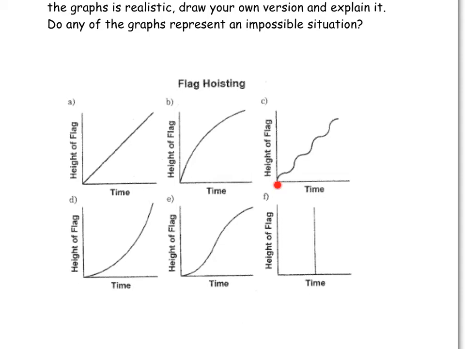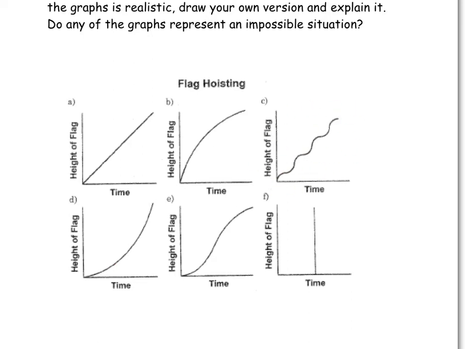Then it goes up quicker, goes up really fast, and then slows down, and goes up really fast, and then slows down. This actually could be a good situation if you're thinking about your hands: you drag up, slow down, drag up again, slow down, drag up again. So this is actually a really good representation. This is probably our best answer, actually.